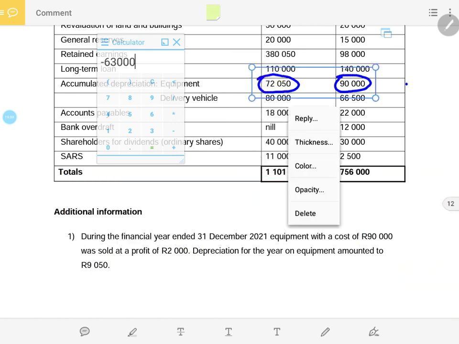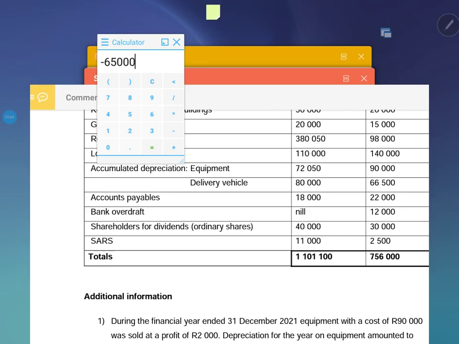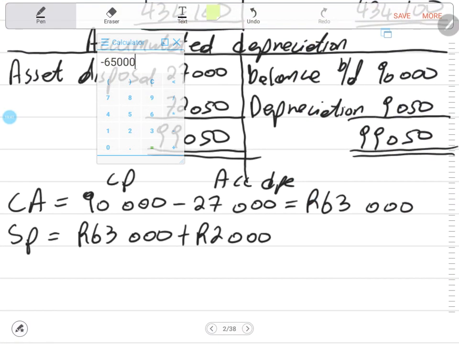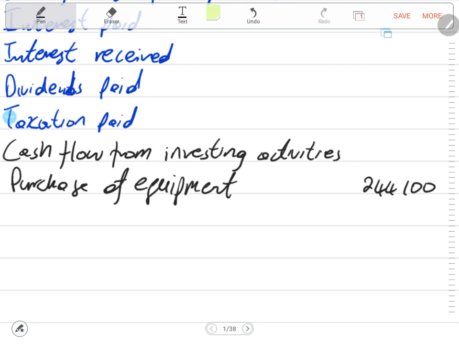Whenever you make a profit, that means the selling price was bigger than the carrying amount by the amount of the profit. So we add the 2,000, which means the selling price of this equipment was 65,000 rands.